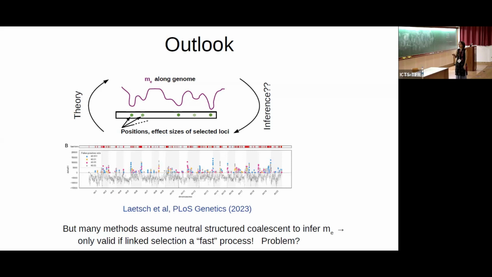But can we go from here, which tells us how the effective migration rate varies along the genome, and not just say, okay, a peak is a selected locus, but actually use these theoretical predictions to say what this Ne profile is consistent with, and make somewhat more detailed inferences?